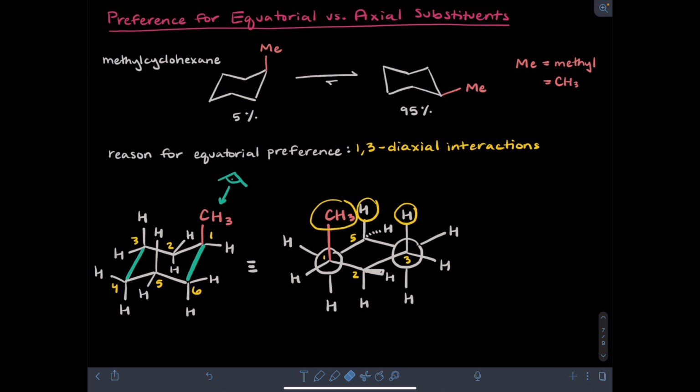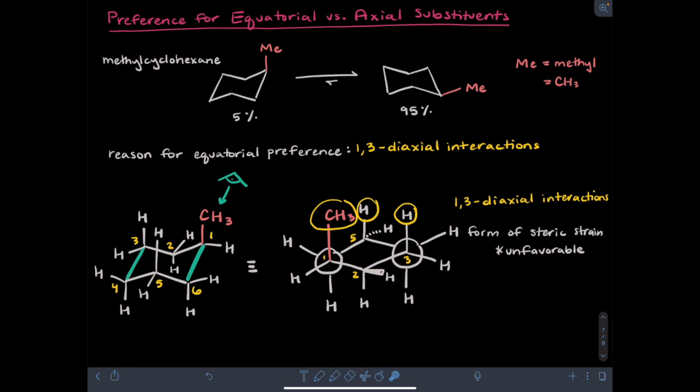Notice that my methyl group is axial, pointed up from carbon 1, and there are hydrogens on carbons 3 and 5 that are also axial and pointed up. Having the methyl group close to these other two hydrogens, which are at the position 3 relative to the methyl substituent, is a form of steric strain.